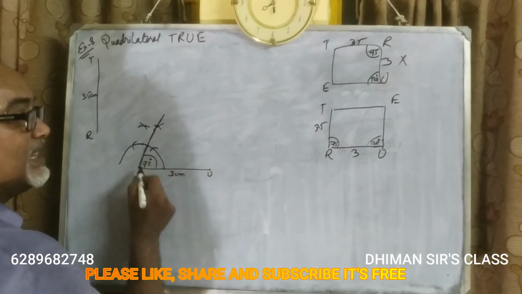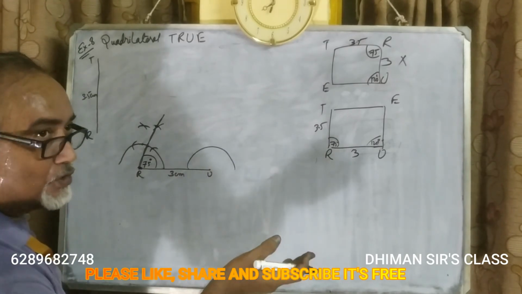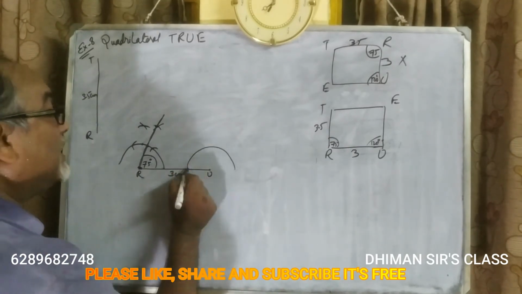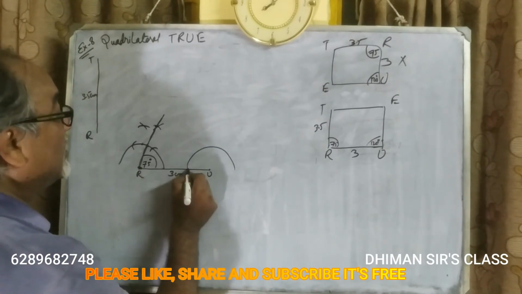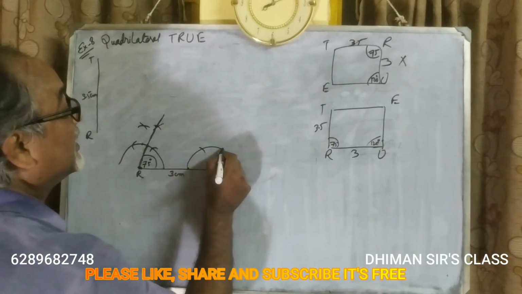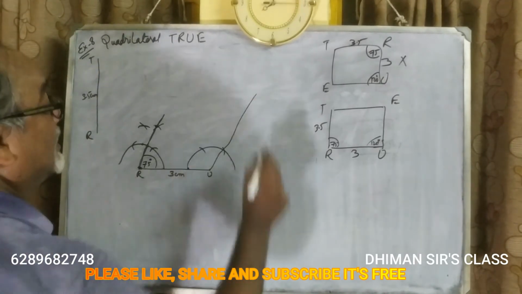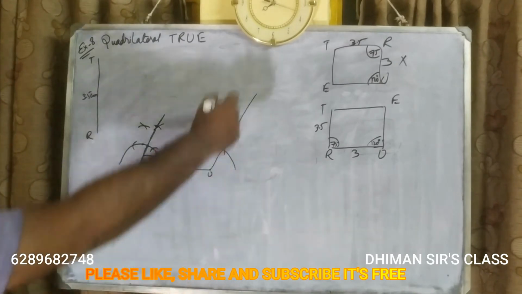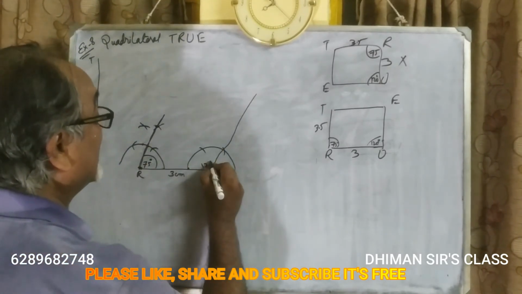Either you can take the same measurement or you may change the measurement here, because it's a different angle you are drawing. But once this arc is drawn, you cannot change the measurement. With this measurement only, put the needle here, one arc, put the needle here, another arc. So this is 120 degree. Okay, use scale and pencil. This is 120 degree.